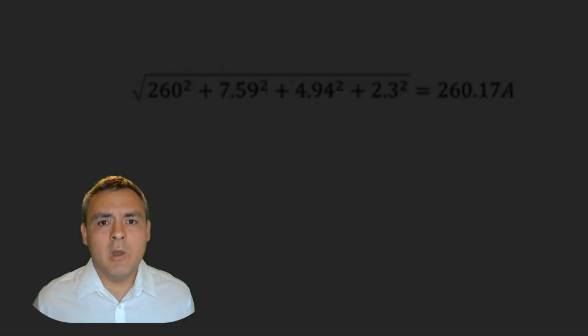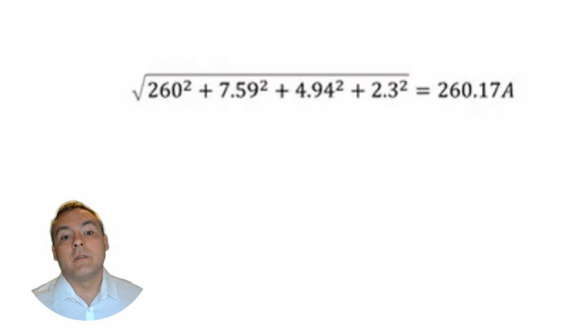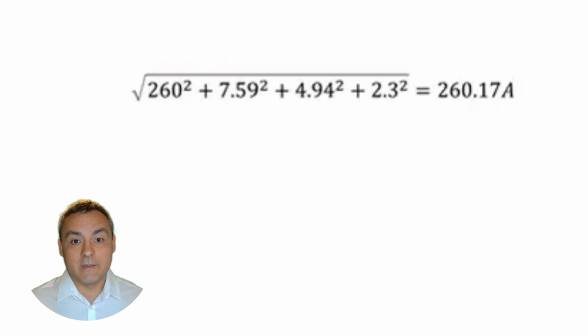This looks pretty benign, right? Well, let's sum them up and see how benign they really are. Remember, from the first video, I said the summations are the sum of the squares of the individual components. We then take the square root of that sum. So we'll add 260 squared to 7.59 squared to 4.94 squared to 2.30 squared, and then take the square root of that sum.